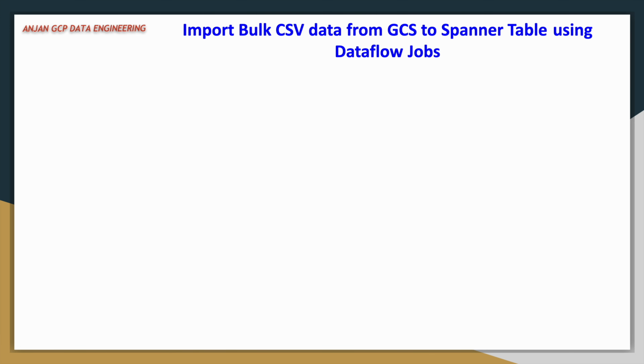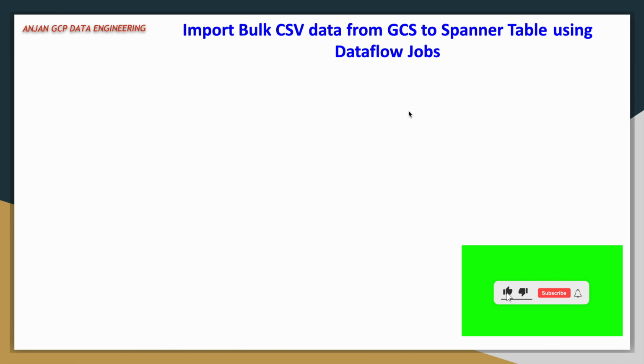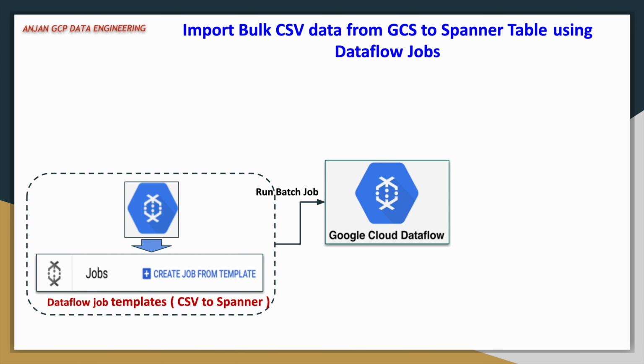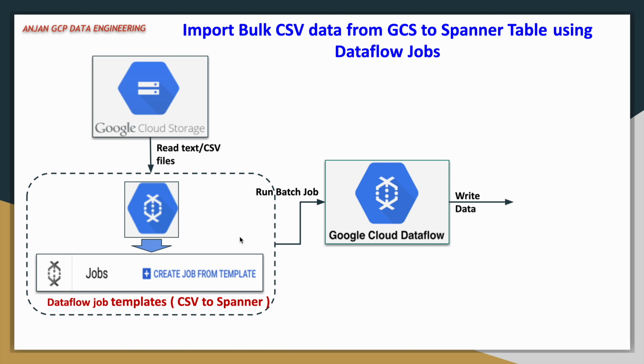So in order to load the data, we have different approaches. This is one of the approaches where we'll leverage Dataflow template jobs. Using Dataflow template jobs, we are going to load this data into the Spanner table. This is going to be a very simple demo because we don't have to code anything; we are using already existing Dataflow templates. We'll use the CSV to Spanner batch template, and there are some CSV files placed in a Google Cloud Storage bucket.